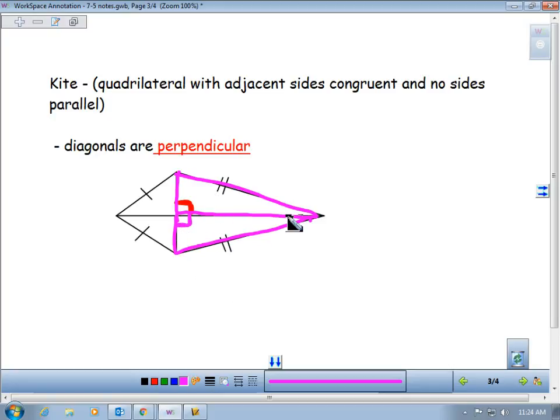What's true about those triangles? Yeah. They're both right triangles. What else do you think is true? They're congruent. Yeah, they are congruent. Well, how are they congruent? Does anybody remember why these two triangles would be congruent?